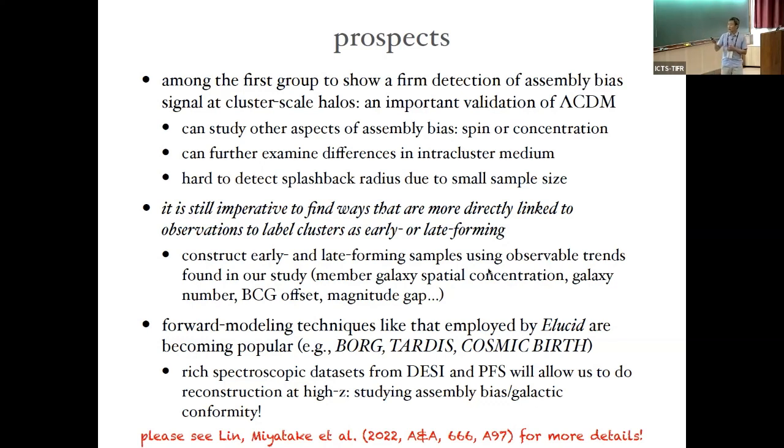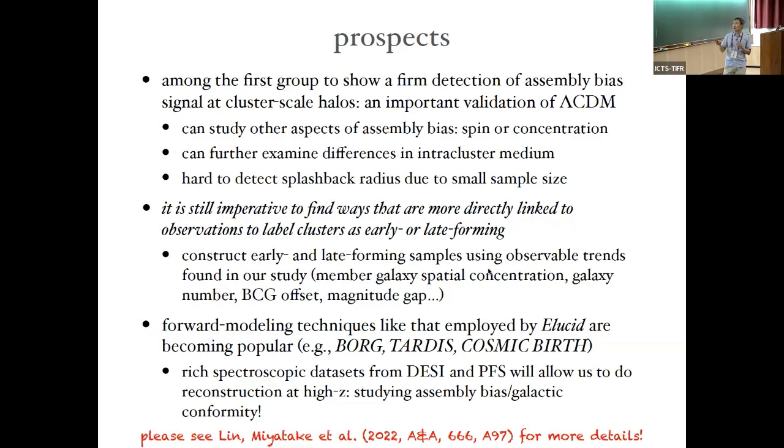We can use eLucid to study other aspects of assembly bias, like spin or concentration. But it will be difficult to detect splashback radius due to the small sample size we have. And in any case, it is critical to find ways that are more directly linked to real observations to label clusters as early or late forming.